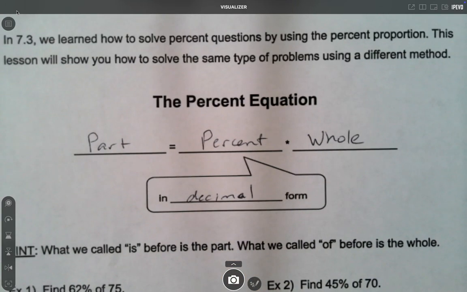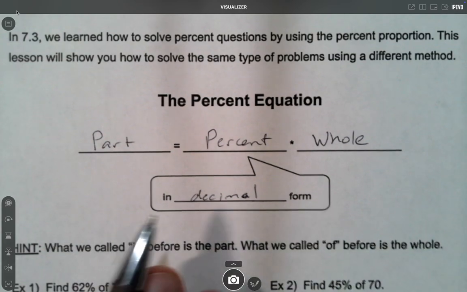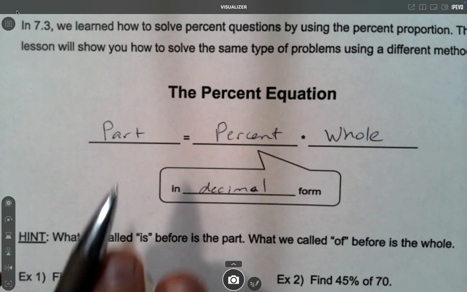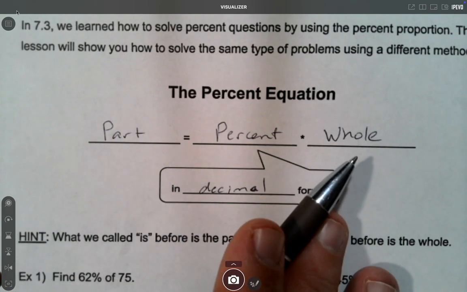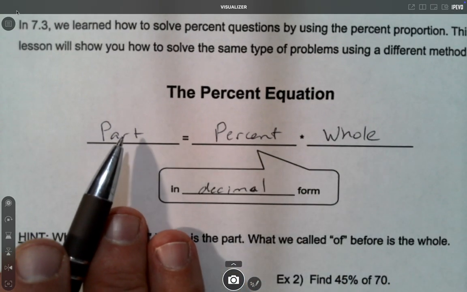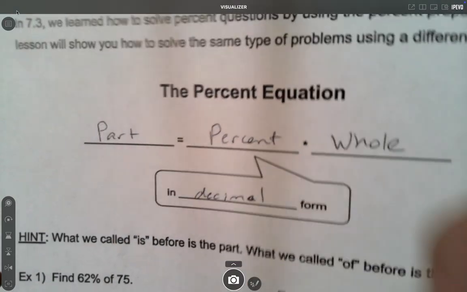So if they say 45%, we'll plug in 0.45. And what we called is before is the part. What we called of before is the whole. So you'll still know how to plug things in because this is your is, this is your of, and the percent will also be clear.